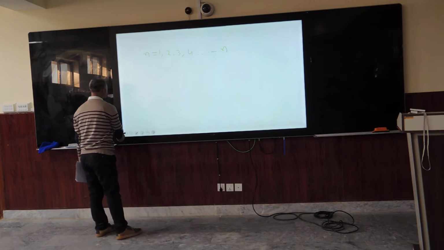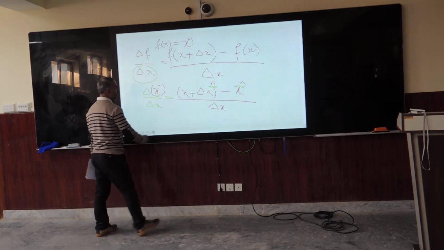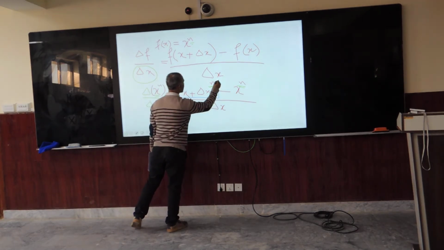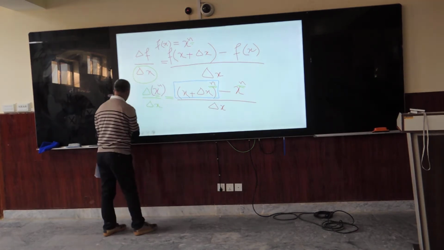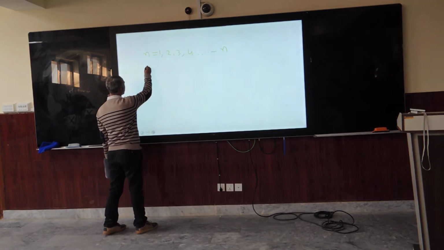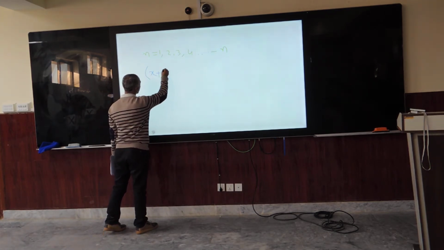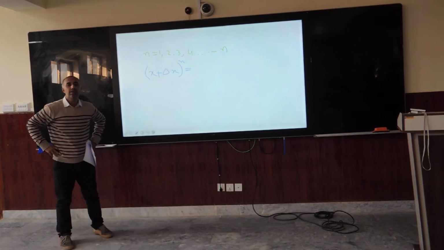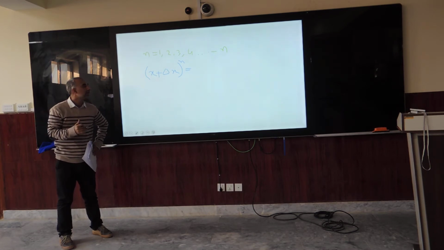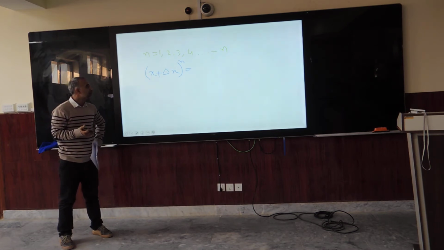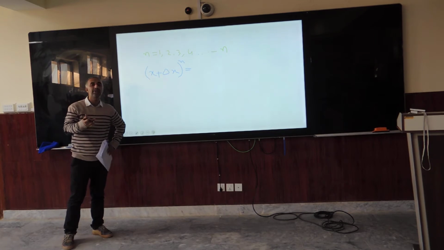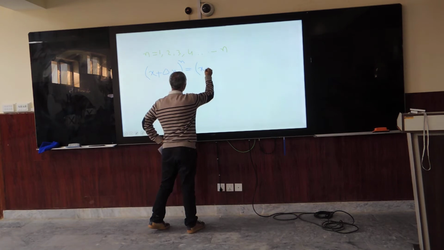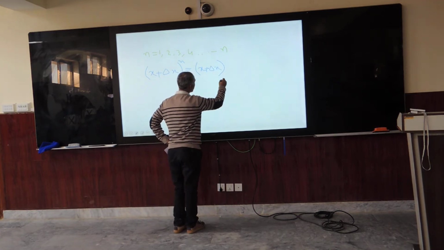On this step we can apply the binomial theorem. Let's expand (x plus delta x)^n by applying the binomial theorem. What does the binomial theorem do? The binomial theorem is a formation to write any value in terms of its factors. So we can write this as (x plus delta x) first factor.